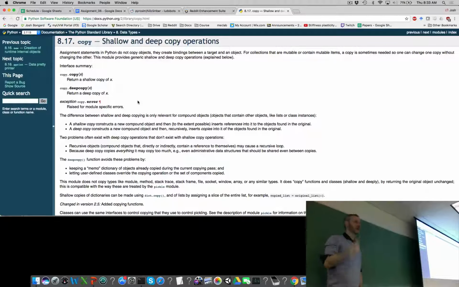At least in my version of Python and my version of deep copy, I'm copying the values and not the references.